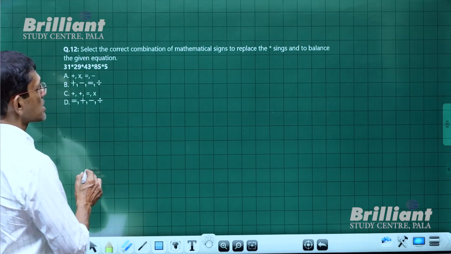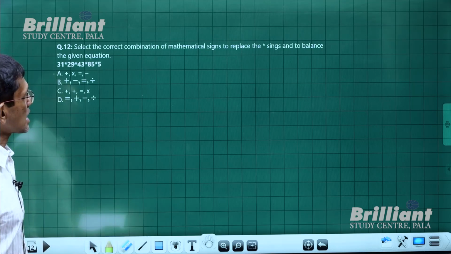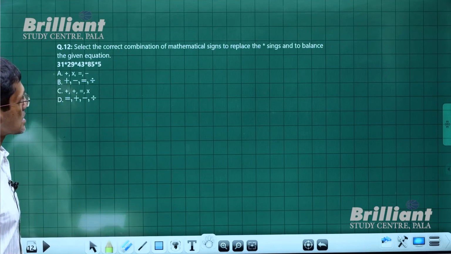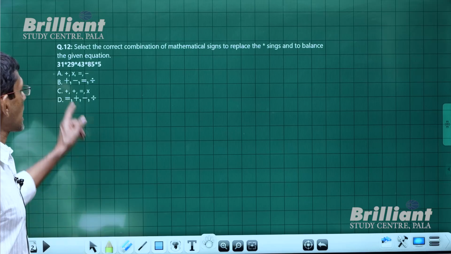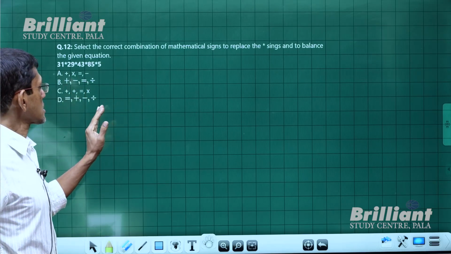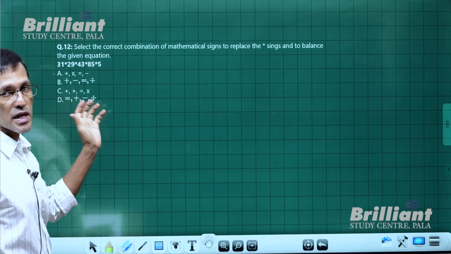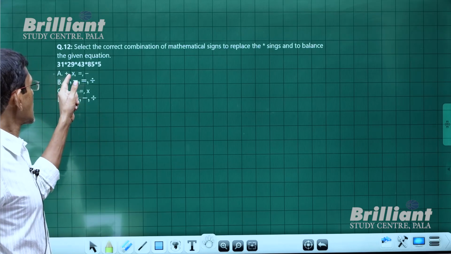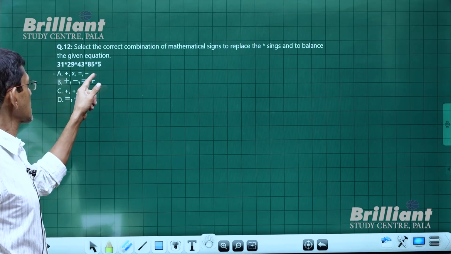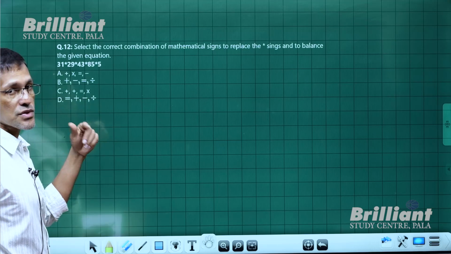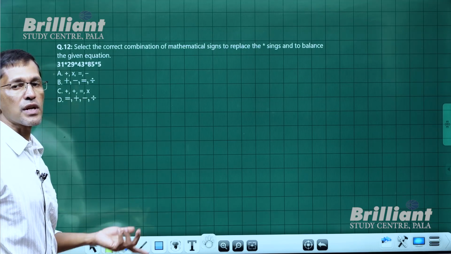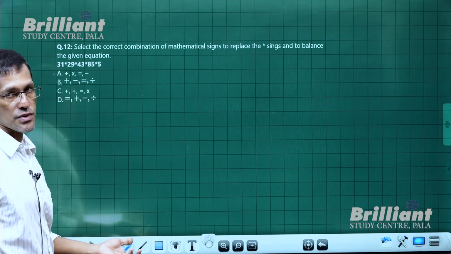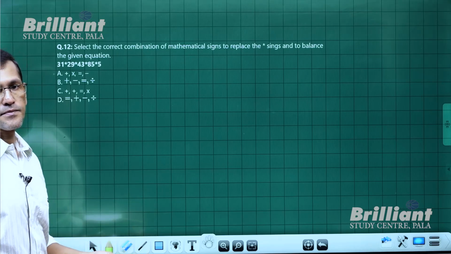Now try this. Select the correct combination of mathematical signs to replace the signs and to balance the given equation. That is something similar to what we have done earlier. So here we have the symbols given and different answer choices. That means we have to do it for each answer choice. There is no shortcut.